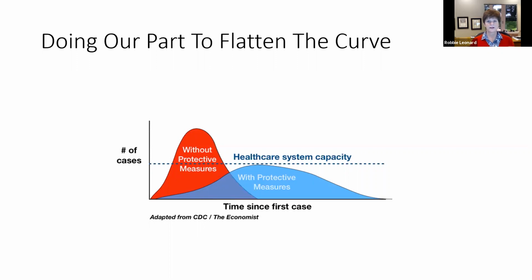Can we use this type of technology in order to see those patients and keep them moving, keep them safe, keep them active, keep them engaged, keep them working on their plan of care, which keeps them out of the physician's office, out of the ER, out of those areas that need to be focused on other things right now. So this is one of our ways that we can deliver care in an alternative format and do our part to keep our patients healthy and well and out of environments that might not be safe for them.